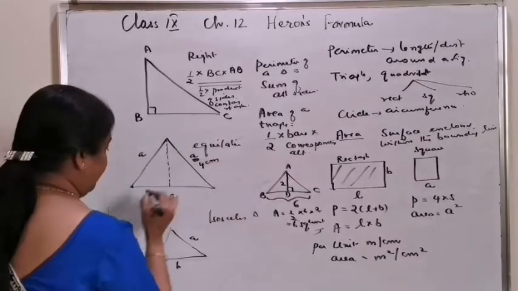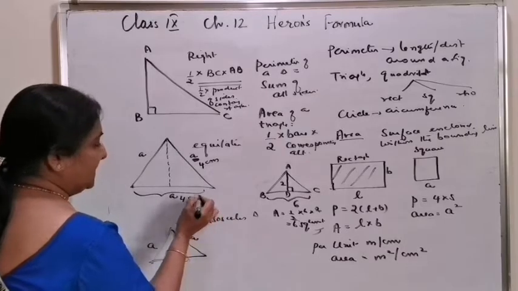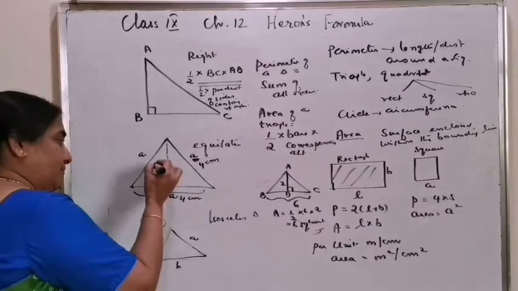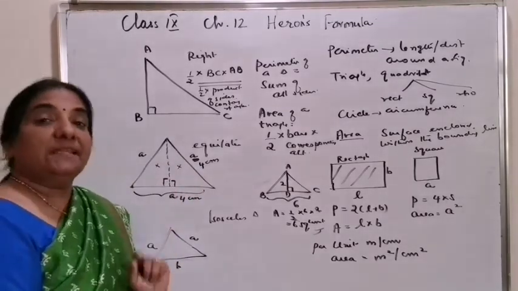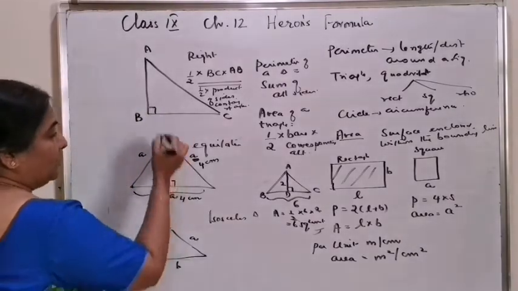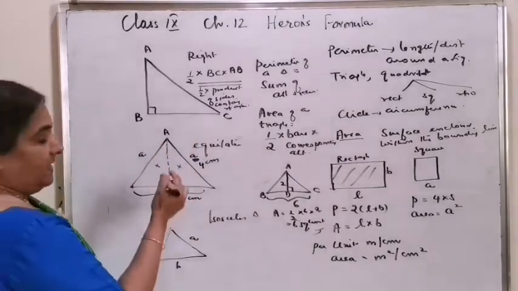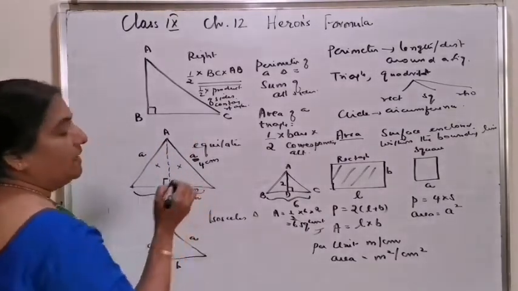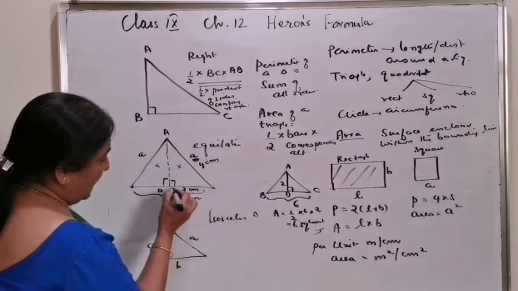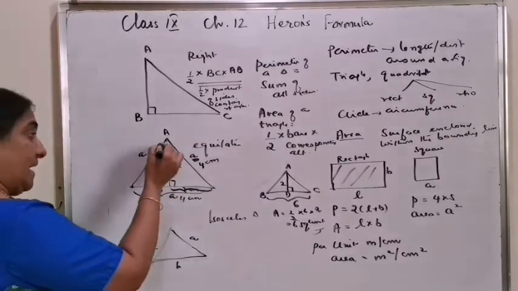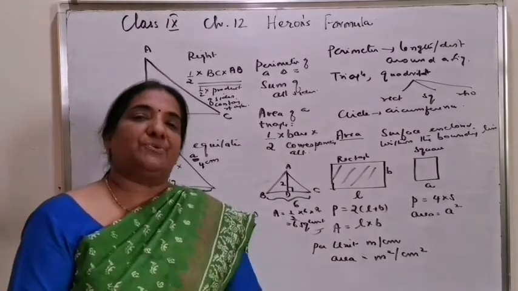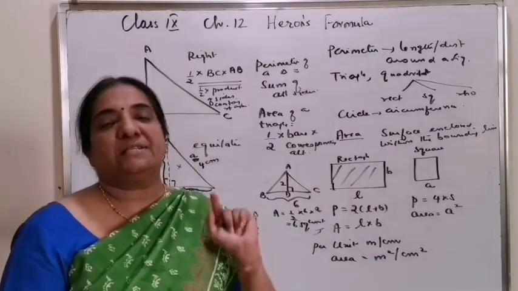For an equilateral triangle, if the side A is known to you, in case the side is 4 centimeter, this side is also 4 centimeter. If you take these two triangles, they can be proved congruent, and the altitude will always divide the base into two equal parts. Once you get that this side is 4 and this side is 2, we can find the altitude by Pythagoras theorem: hypotenuse square is equal to base square plus altitude square.